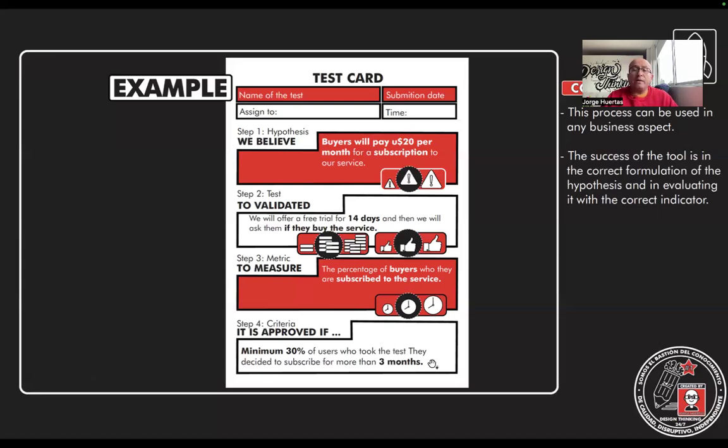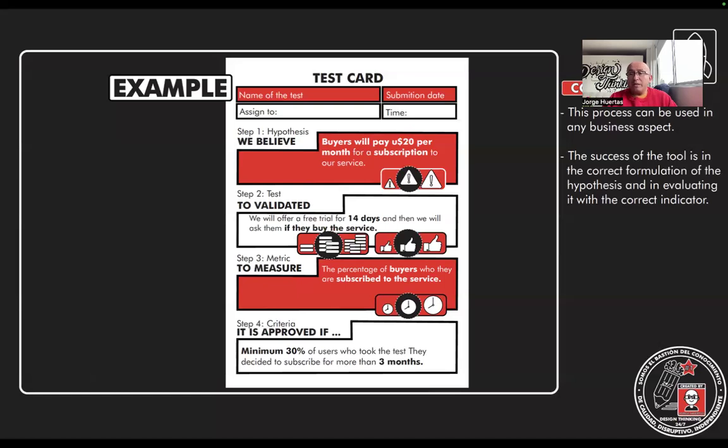So this is very important because if I get less than 30%, the hypothesis will be invalidated. However, if I get 30% or more, it will be validated and I can continue with what I'm doing. So this is important because the indicator, the criteria that I'm going to use to measure this, is extremely important.